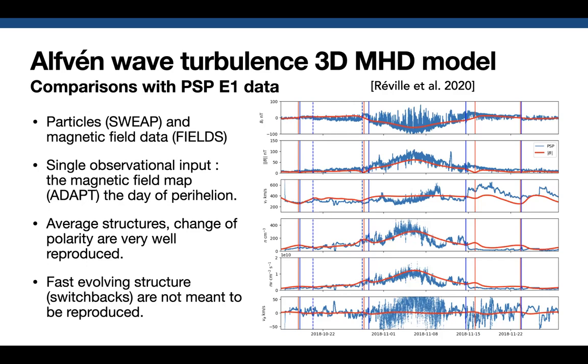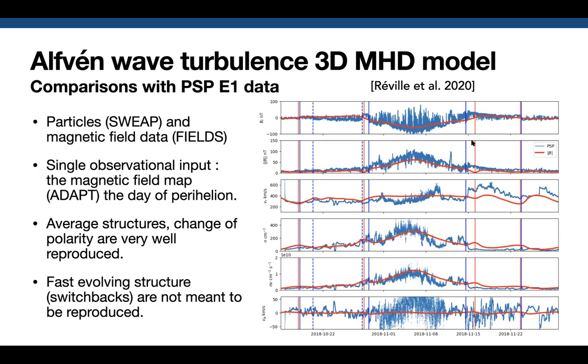This is something I'm investigating right now. But at the time, from a single observational input of the map, which was taken on the 6th of November, which was the day of the perihelion, we got a good agreement between the data and the model, essentially.